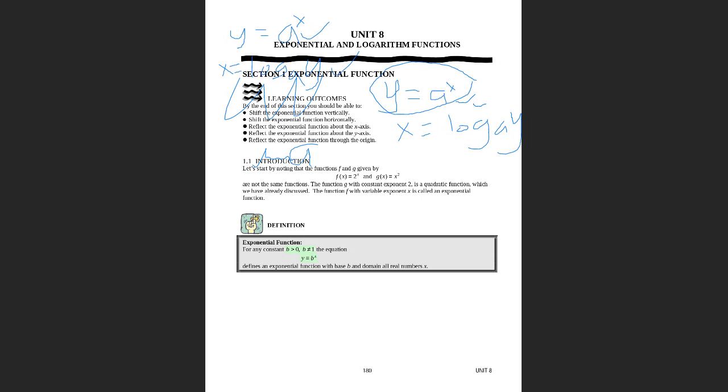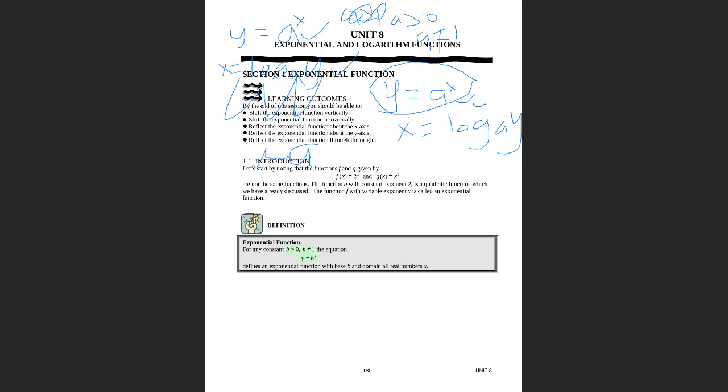The first property is that a is always greater than 0, but it can never be equal to 1.